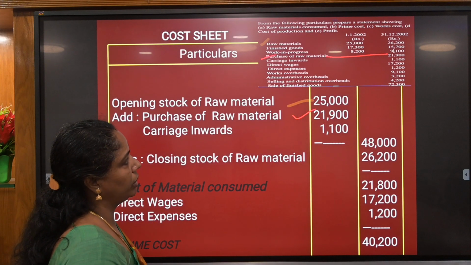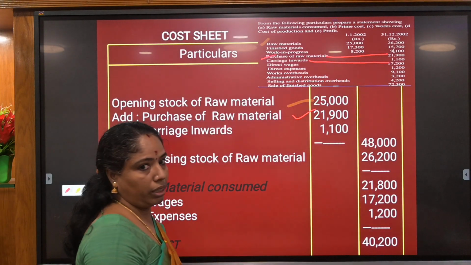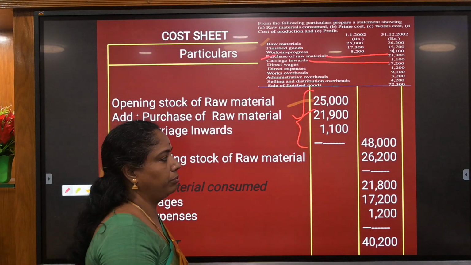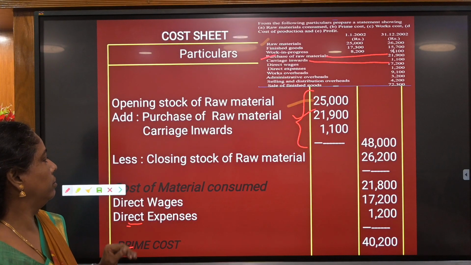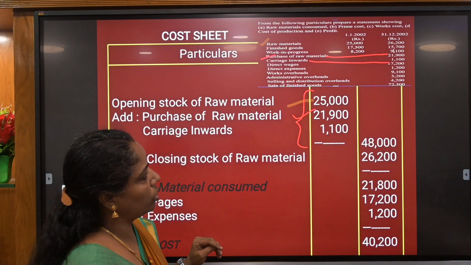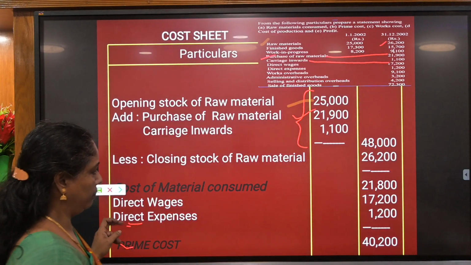Next, carriage inwards, which is related to the purchase of raw materials, is 1,100. If we add these three, we will get 48,000. From that we have to deduct the closing stock of raw materials, which in the sum they gave as 26,200.